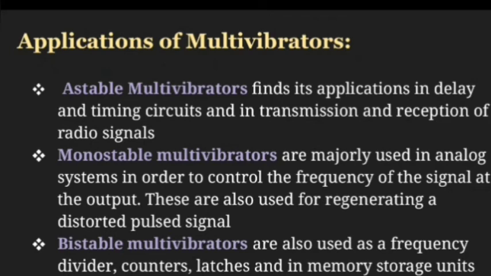Applications of multivibrator. An astable multivibrator finds its application in delay and timing circuits and in transmission and reception of radio signals. Monostable multivibrators are majorly used in analog systems in order to control the frequency of the signal at the output.